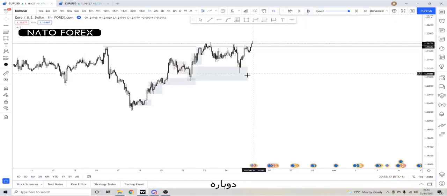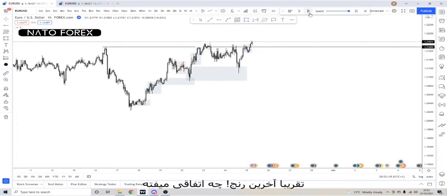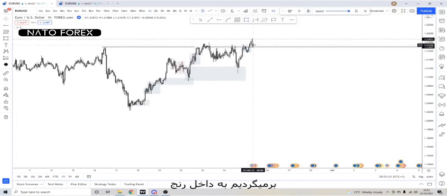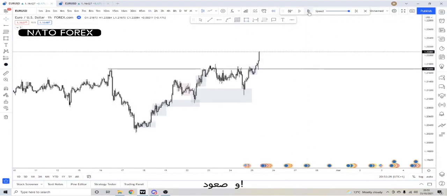Now, again, range created, our most recent range. What happens? We come back into that range and off we go.